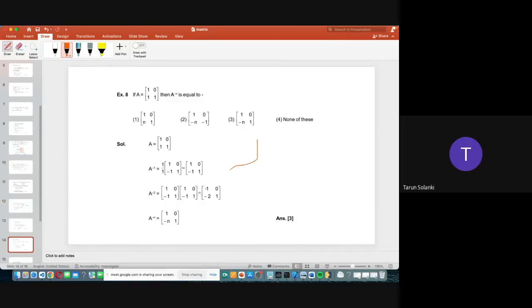For A to the power minus n, it will become 1 0 minus n and 1, right? So meaning option 3, 1 0 minus n and 1, this one is the correct. This third option is the correct.